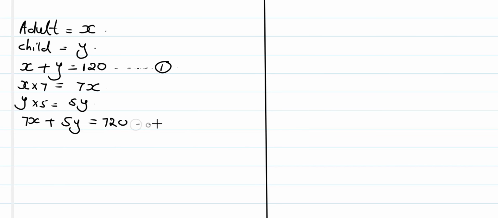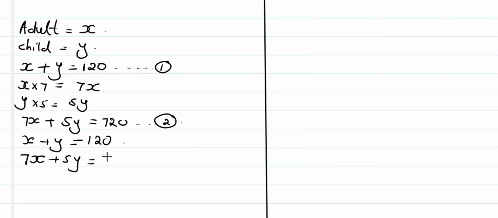And that becomes our second equation. So basically, the equations are X plus Y equals 120, then 7X plus 5Y equals 720.